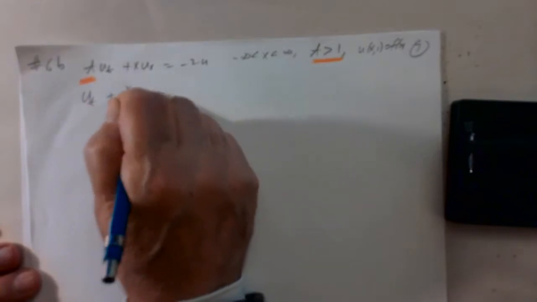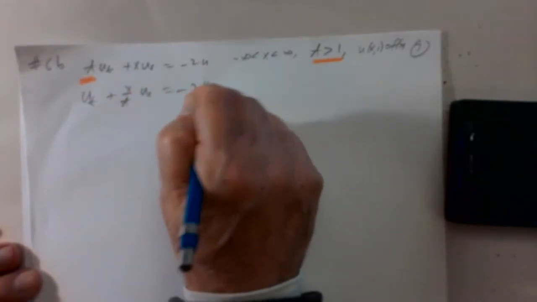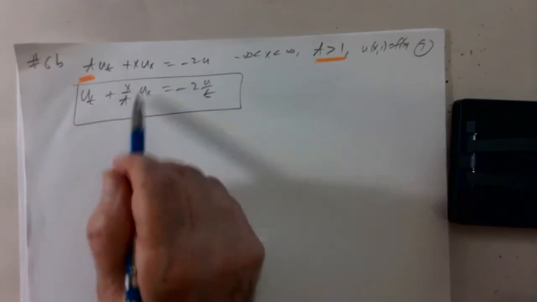And since t is greater than or equal to 1, I can divide by t. It's not 0. So I can just rewrite this as u sub t plus x over t times u_x equals minus 2u over t. So dividing by t, this is now the form of my differential equation.